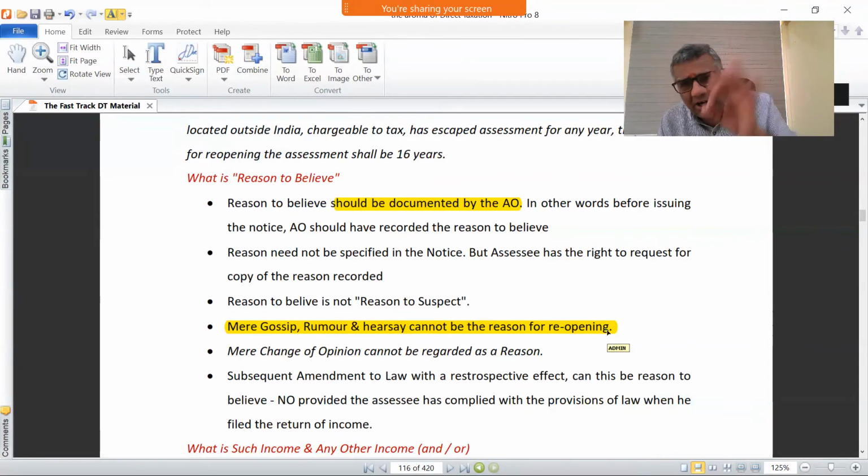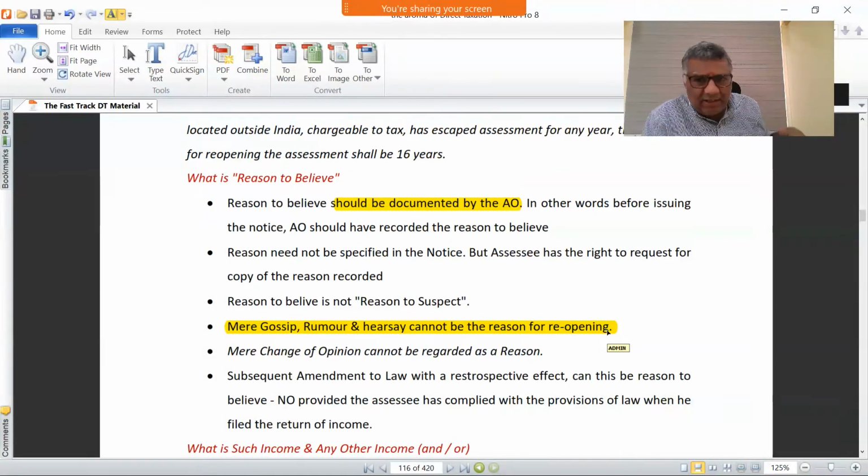Today, a case law comes where the court says glow sign boards are not revenue expenditure. They are capital expenditure. Assessee can claim only depreciation. Last year, I claimed the whole expenditure.